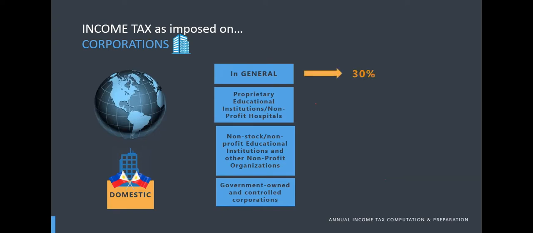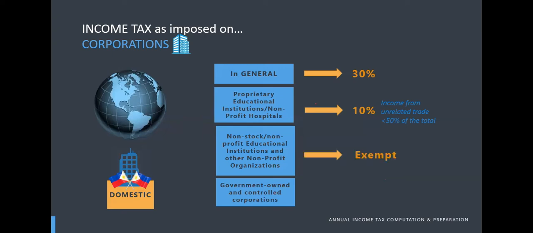So in general, domestic corporations are taxed at 30%, while proprietary educational institutions or nonprofit hospitals are taxed at 10%, provided that the income unrelated to their main source of income is not more than 50%. So, dapat less than 50% lang ng total income nila yung other income.